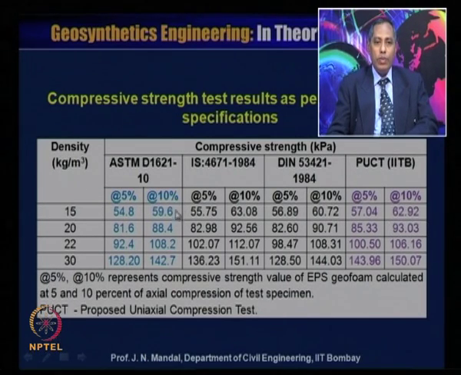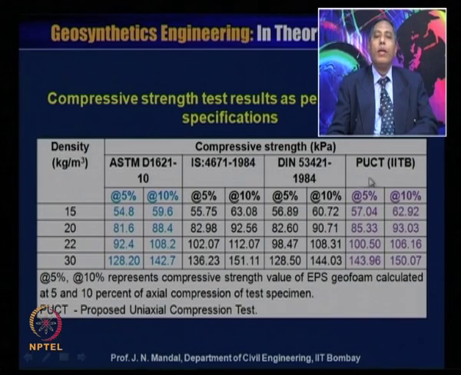At 10%, when the density is 15 the compressive strength value is 59.6, when density is 20 it is 88.4, when it is 22 it is 108.2, and when density is 30 it is 142.7. And these 5% and 10% values represent the compressive strength of EPS geofoam calculated at 5 and 10% axial compression stress of the specimen.